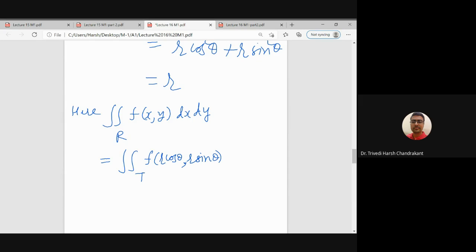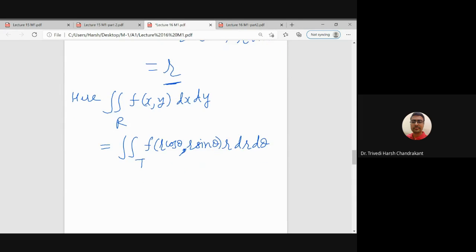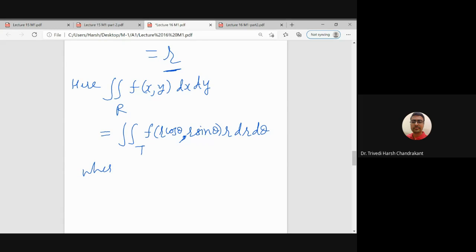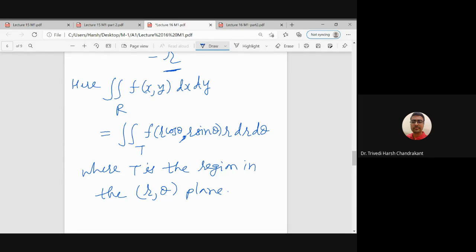So r is the radius. The radius is always positive, right? So that means we just substitute r, dr d theta. And what is T here? T is the region in the r theta plane. So basically, in the r theta variables, whatever region we are getting in terms of r and theta.